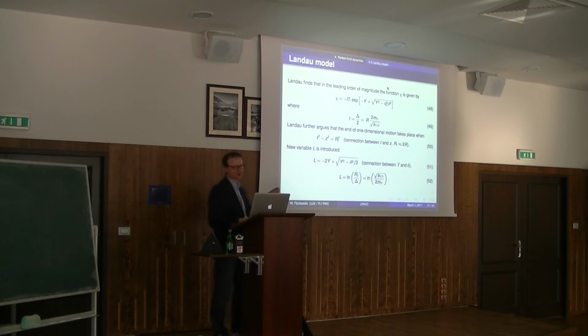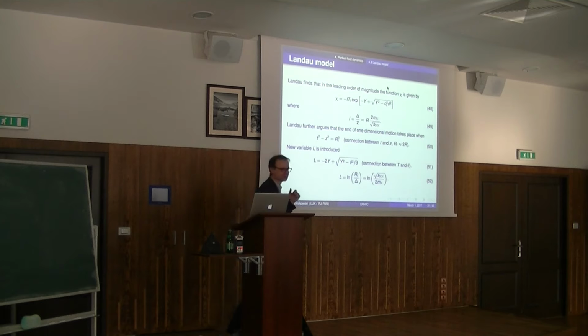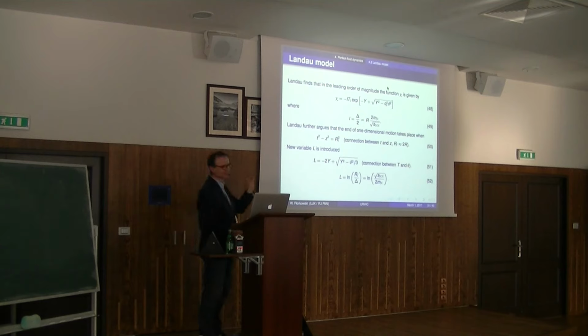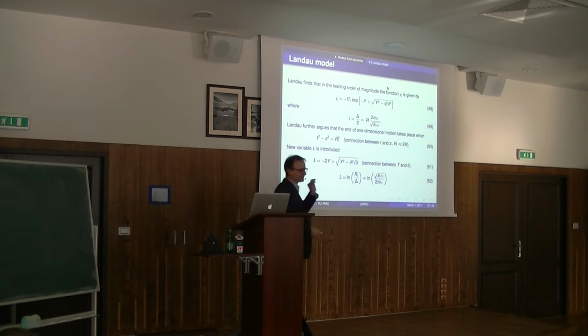Of course this is a hyperbola of constant proper time, so Rf is just the proper time here. This was the idea of a boost-invariant element in the Landau model.